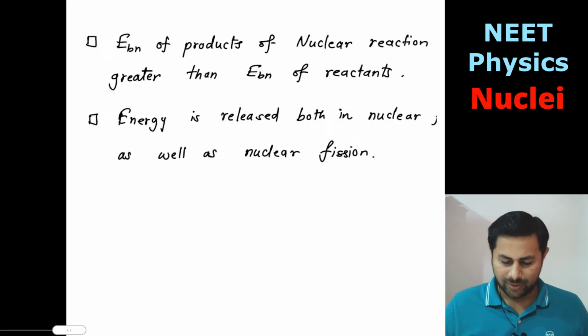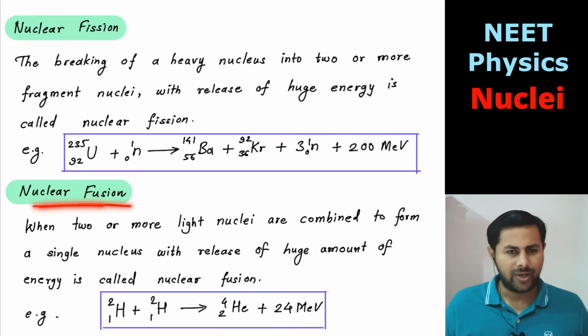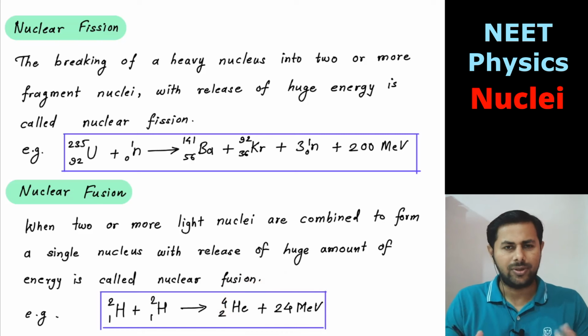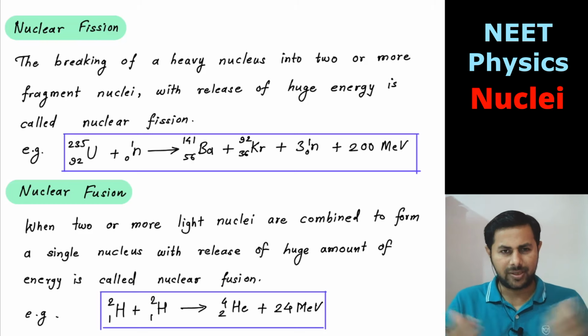Now nuclear fusion happens at very high temperature, which is very difficult to achieve on earth, right? So why is it so? Because to fuse nuclei, what do you need to do? You need to bring them close to each other. So the kinetic energy that you provide depends on what?